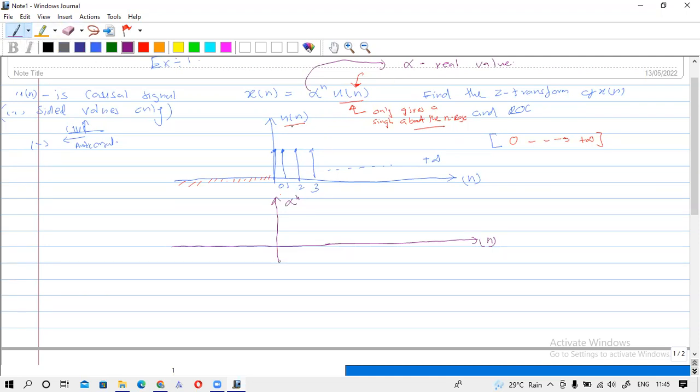Actually these are not related to the Z transform, but these are related to signals and systems concepts. I think you should have this knowledge. Don't think of this as a waste of time. If you have this kind of knowledge, it is better.